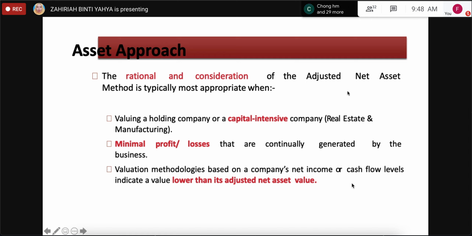Contohnya valuing a holding company or capital intensive company, macam real estate company, developer yang pegang banyak aset dalam bentuk property, dan kadang-kadang manufacturing company yang ada kilang besar, yang aset dia banyak terletak pada the asset.